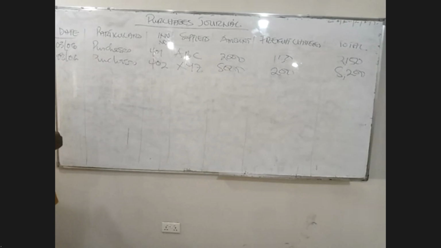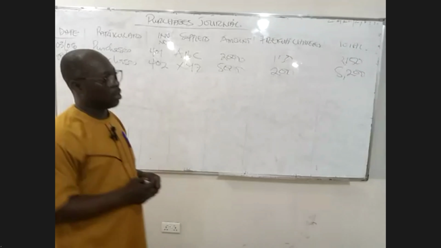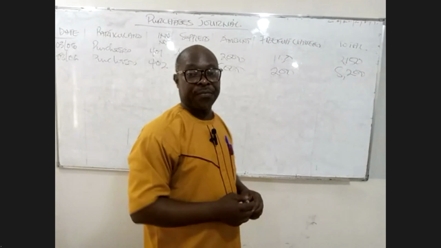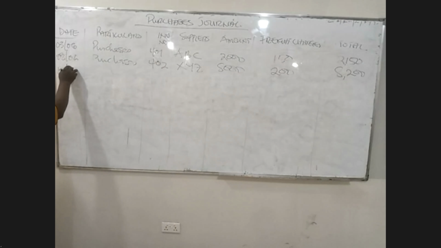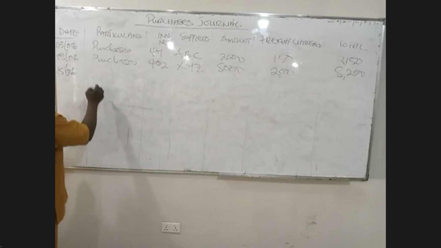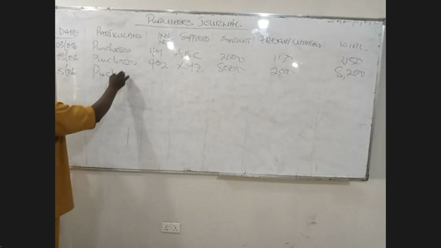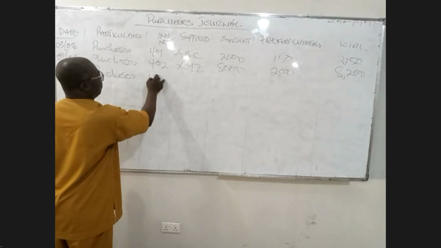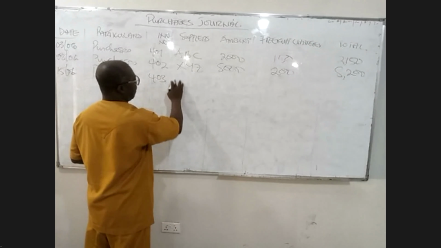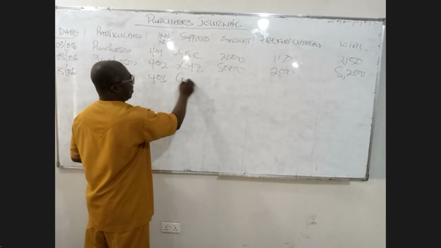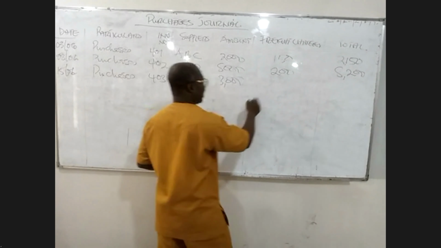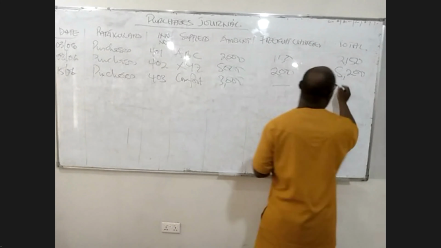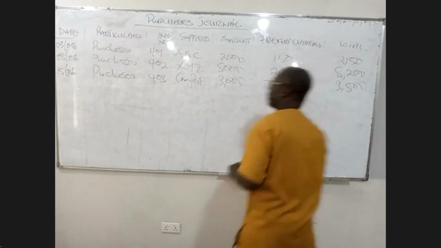The next, 15th what? 15th June. Purchases 403. Comfort. How much? 3,500. 3,500. Then next one.